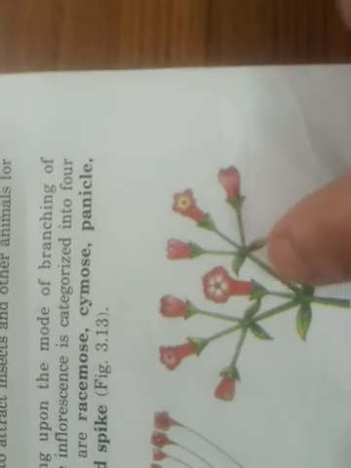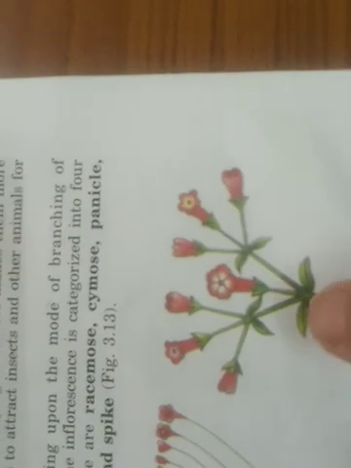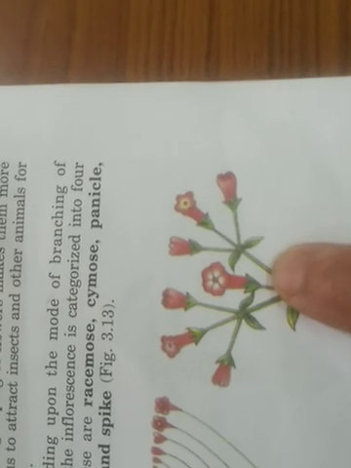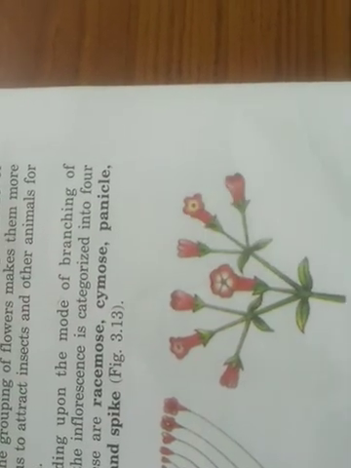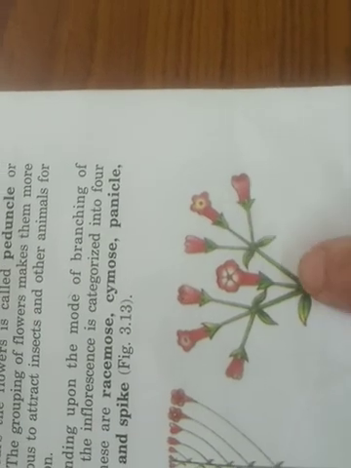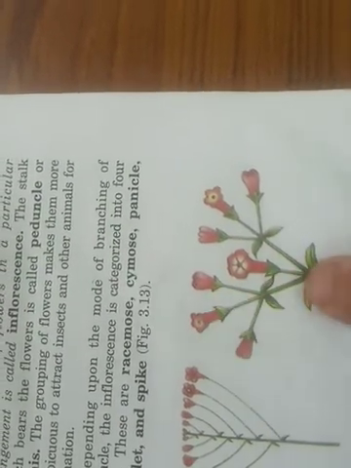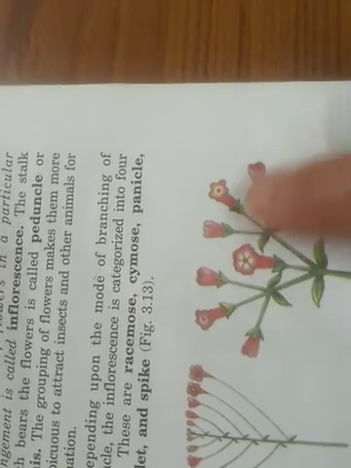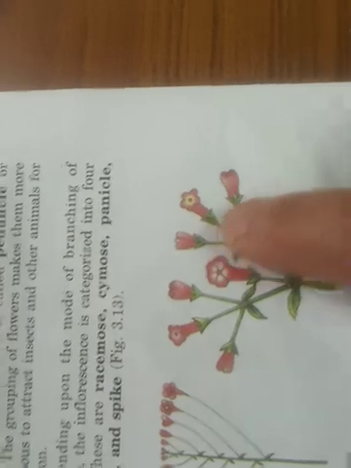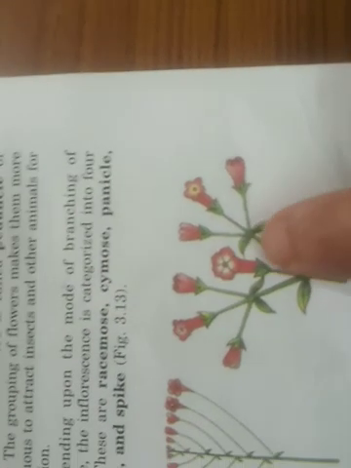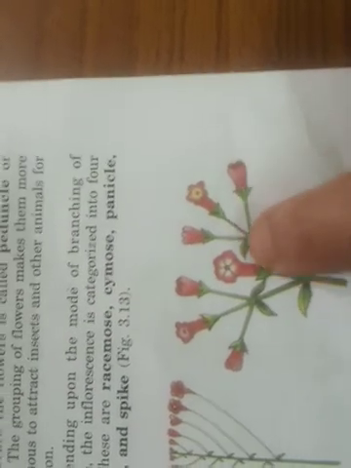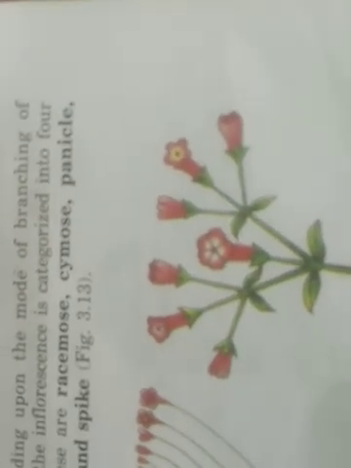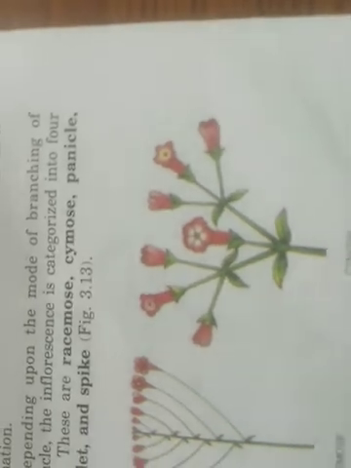Here the main axis has ended in a flower and two simultaneous branches are produced from here, and those also end in a flower. Here also the flowers are arranged in an acropetal form. That means the lower ones are larger and the upper ones are smaller. This type of arrangement is known as the cymose arrangement. An example is Calotropis.